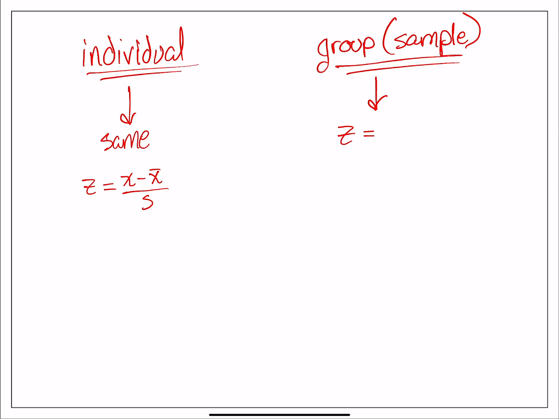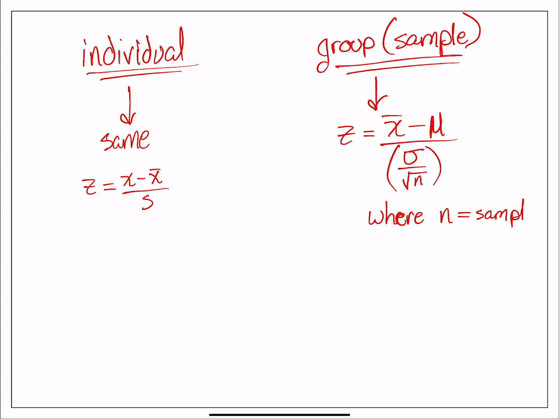Our z-score is now going to be x bar minus the population mean, divided by the standard deviation over the square root of n. That is our new thing, where n equals the sample size.